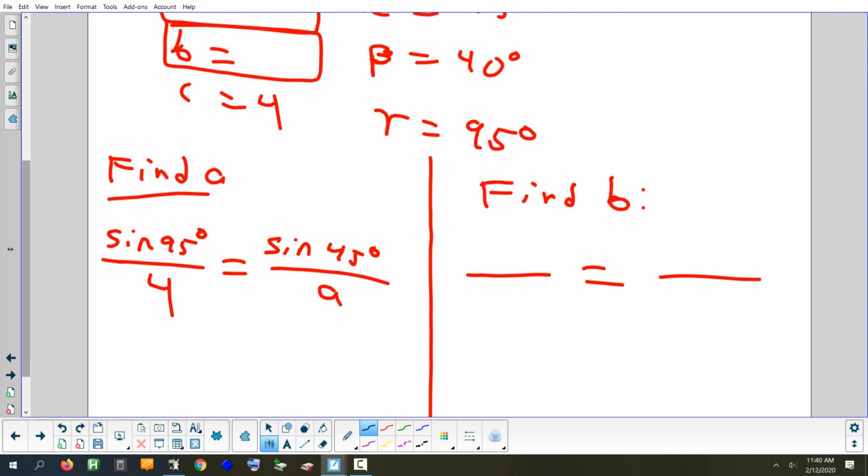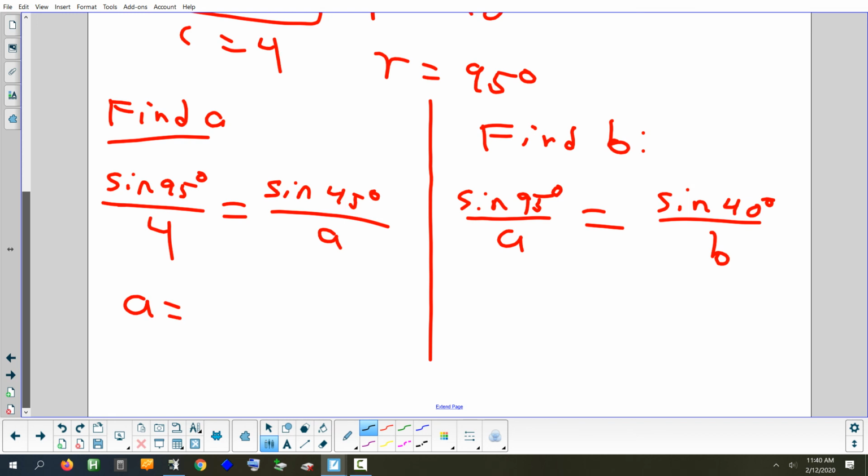Right. And I'm doing this to point out the fact that you don't need A to find B. I'm setting up the formula for B right now without knowing A. I'm not going to use A at all. Sine 95 over A equals sine 40 over B. And when you cross multiply, A is going to be what times what divided by what? 4 sine 45 over sine 95.